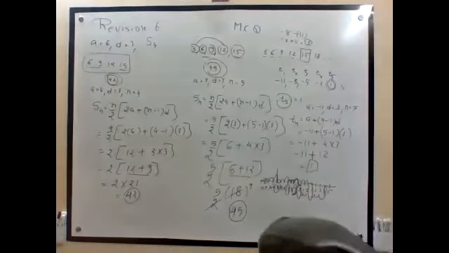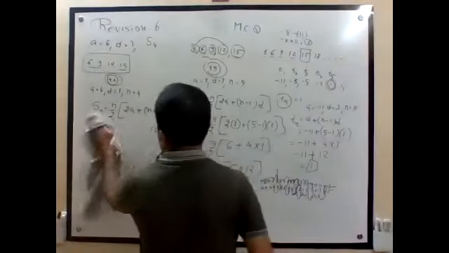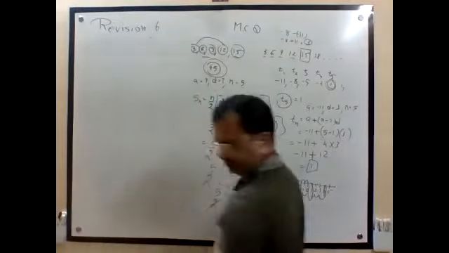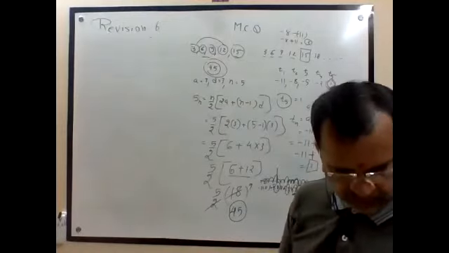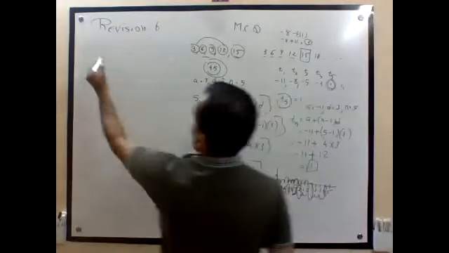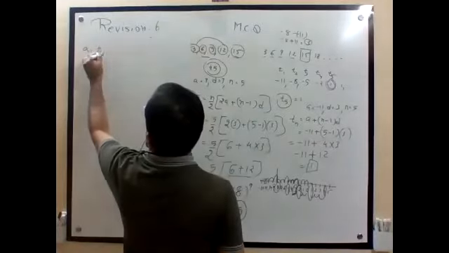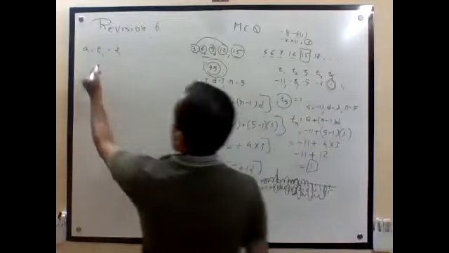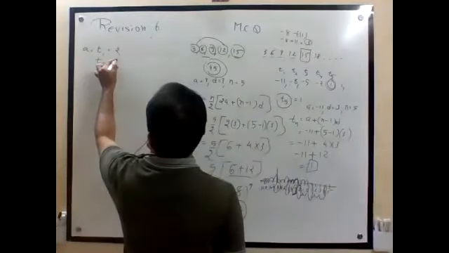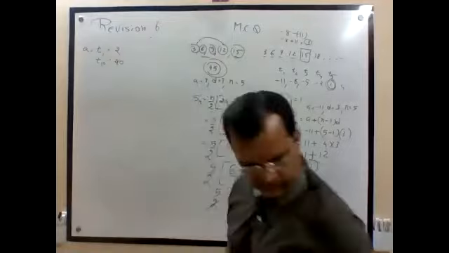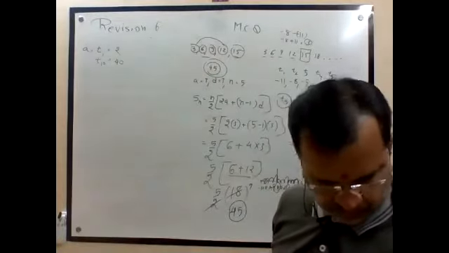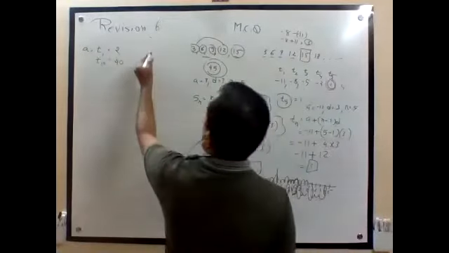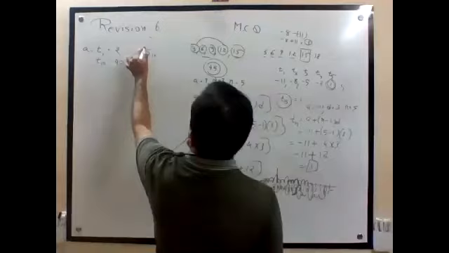What have they given now? The first number is 2. A is equal to T1. The 10th number is 40. Find the sum of the first 10 numbers. S10 we want.